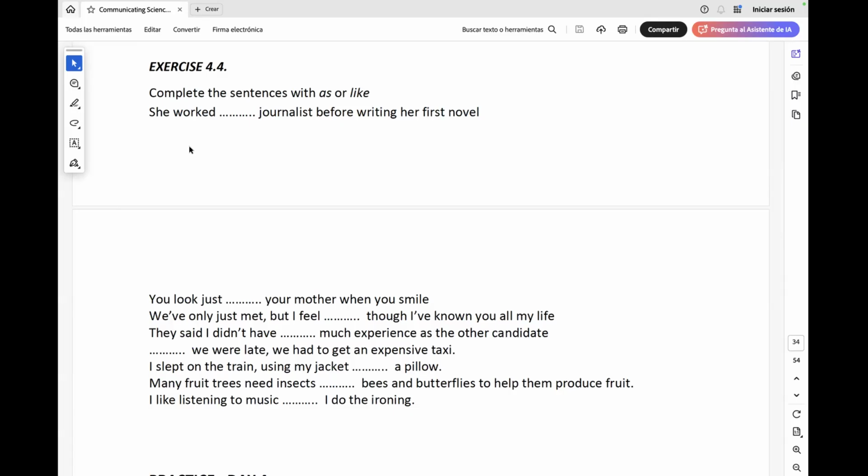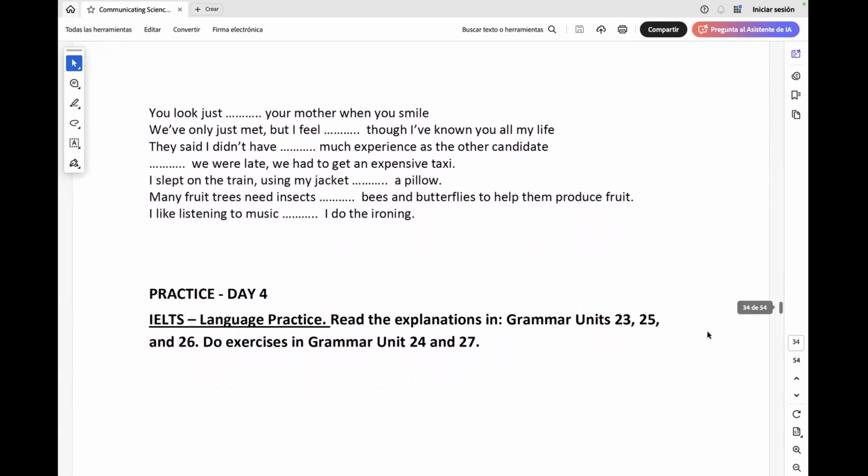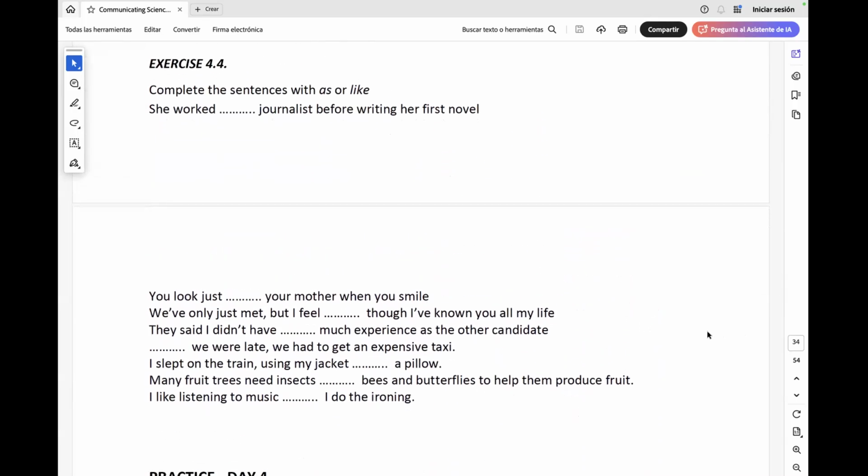So she worked as a journalist before writing her first novel. In this case, as is defining the work of the journalist, and it's not describing a feature of her work. So it is defining that this woman is a journalist. So she worked as a journalist.